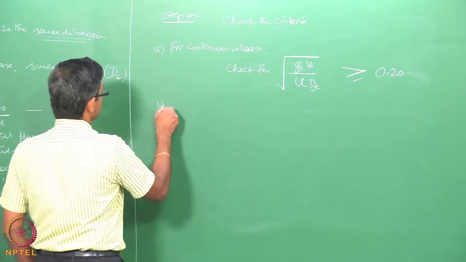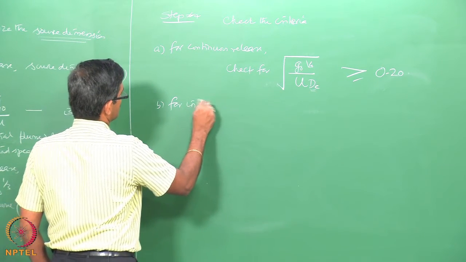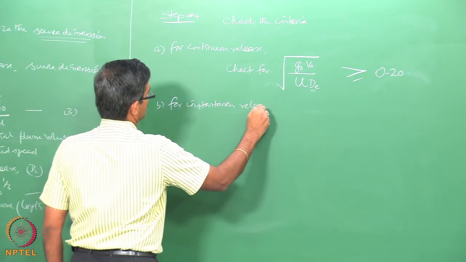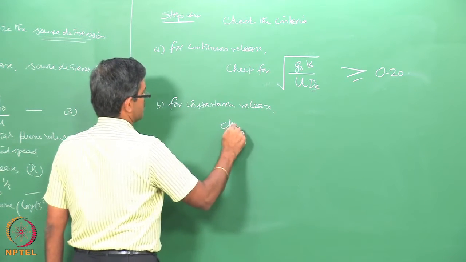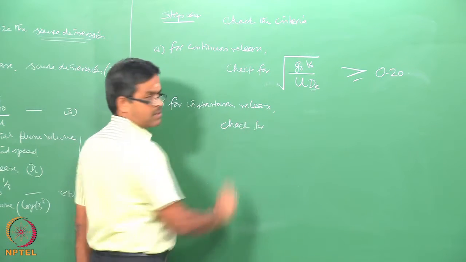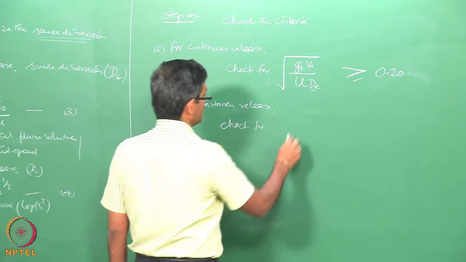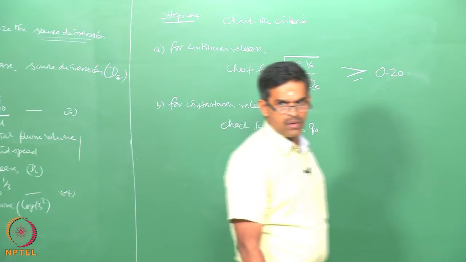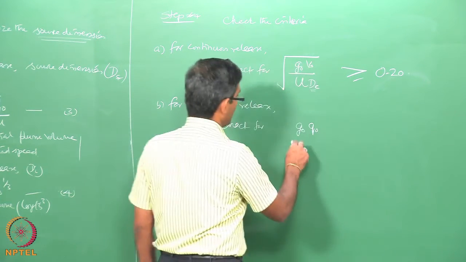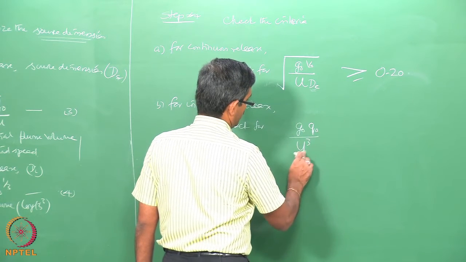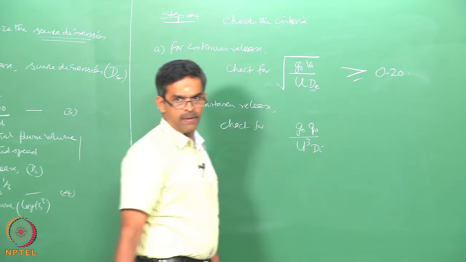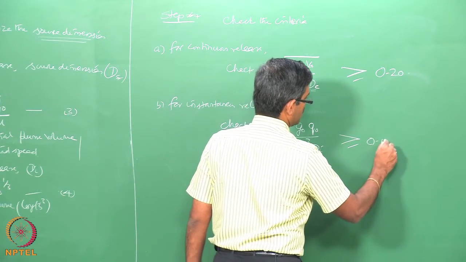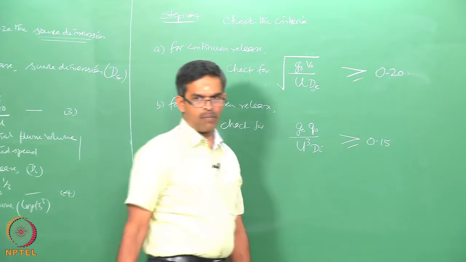For instantaneous release, check for G0 Q0 by u Q di for this value more than or equal to 0.15.